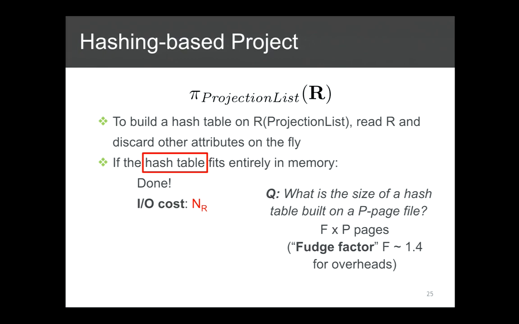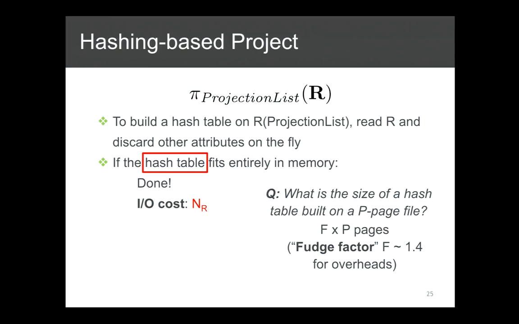It can be a little bit lower, it can be a little bit higher, but for convenience's sake, we say on average it's going to be a fudge factor size. Okay, so the fudge factor F is about 1.4, factoring in some extra space for overheads on top of the p-page file that you're storing in the hash table. So the size of a hash table on a p-page file is F times p, where F is roughly 1.4.